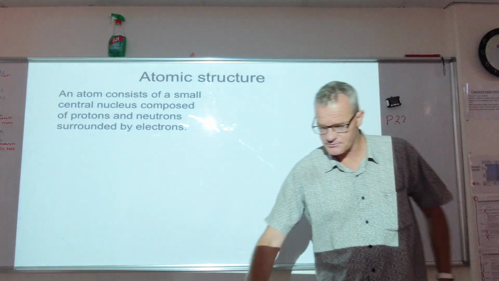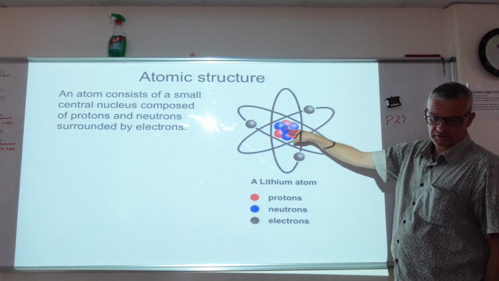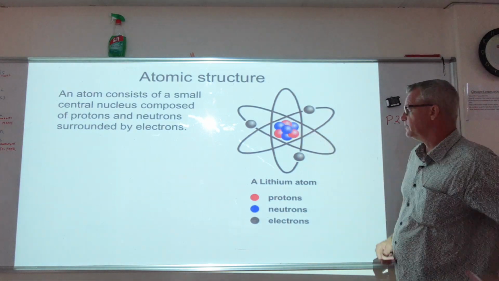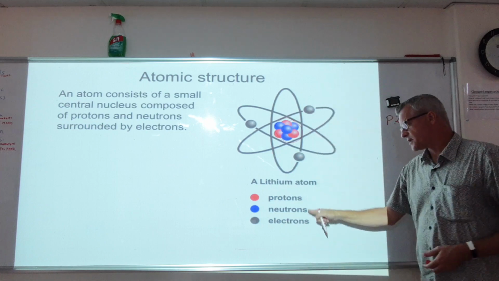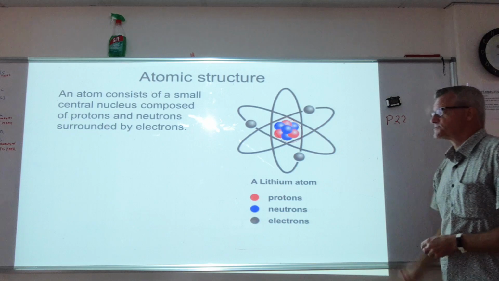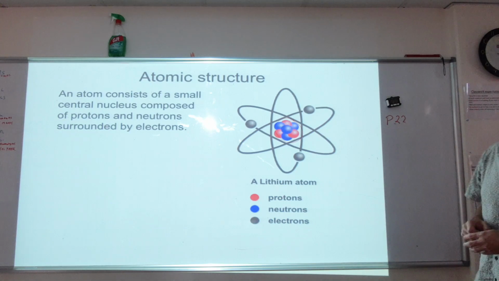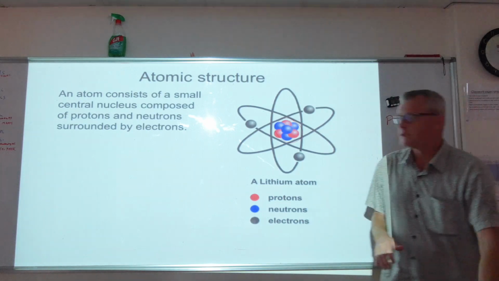So actually, the atom is virtually empty. Okay? Now, let's look at the particles. We have here the nucleus, and in the nucleus we have the protons and the neutrons. And around the nucleus, in shells or orbits or orbitals, we have the electrons.